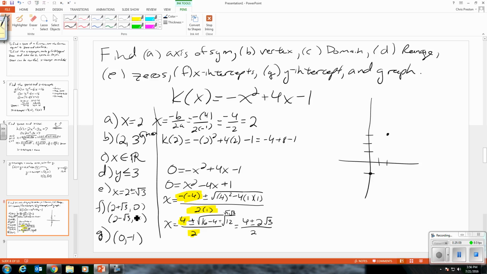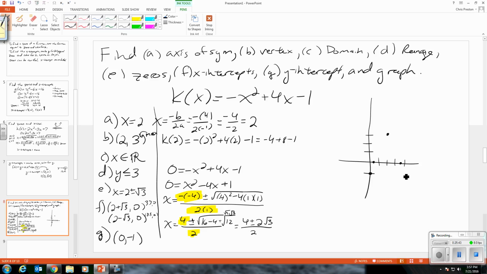Maybe I want to put these in my calculator just to get a decimal approximation. 2 plus square root of 3 is about 3.7 comma 0. 2 minus the square root of 3 is about 0.3 comma 0. So maybe about a third of the way there here, and then 3, 4, about 2/3 of the way there.